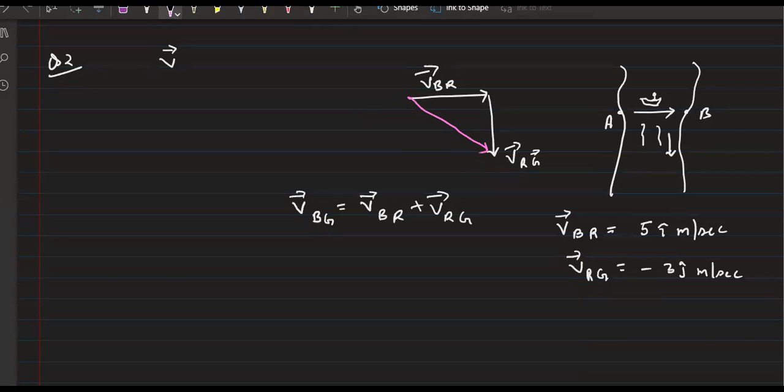Suppose we have an observer sitting just in front of point A. According to this observer, the boat is moving in this direction. So instead of going to point B, the boat will reach point C.